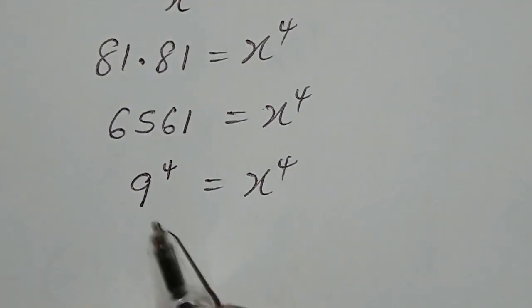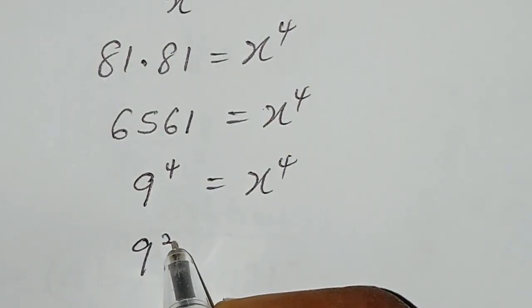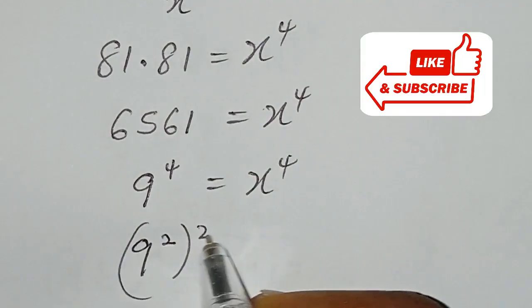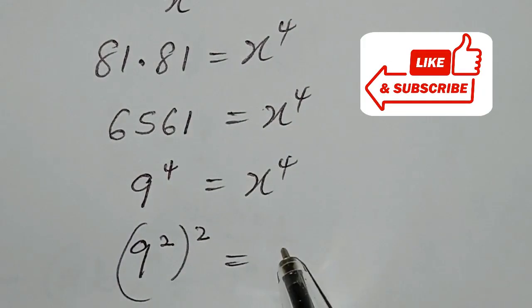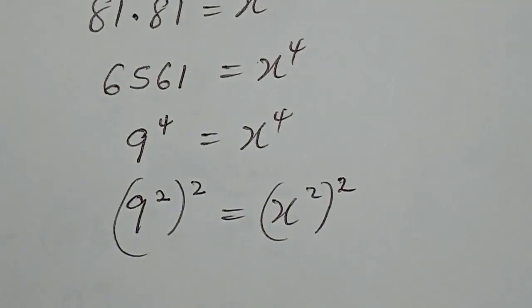From here we can rewrite this as 9 to the power of 2, all to the power of 2, equal to x to the power of 2, all to the power of 2.